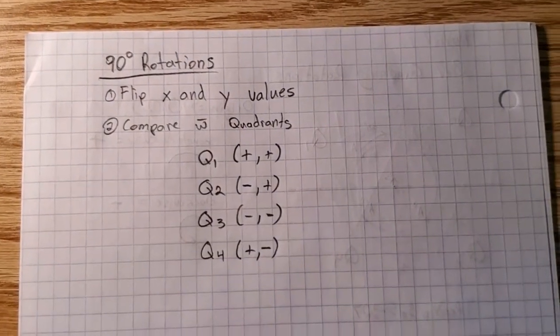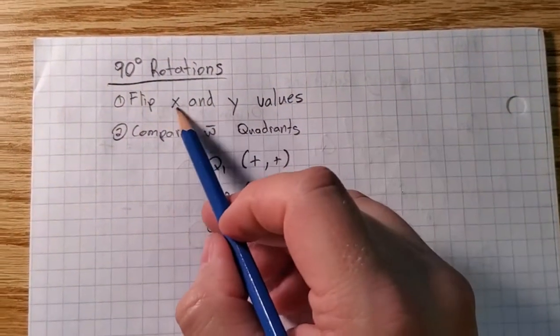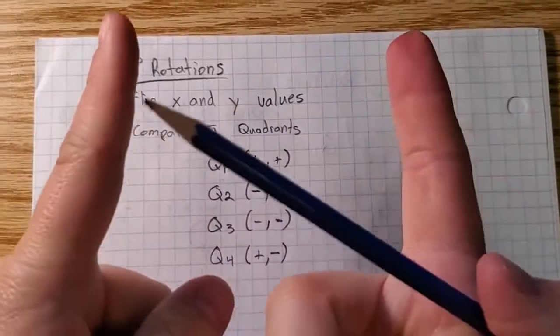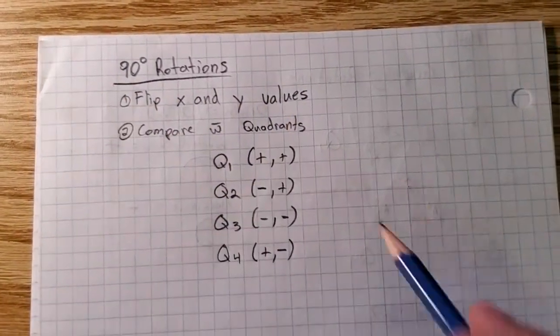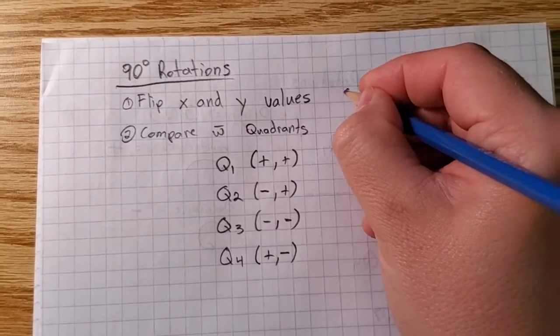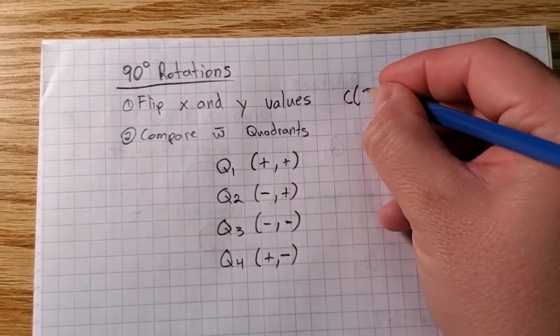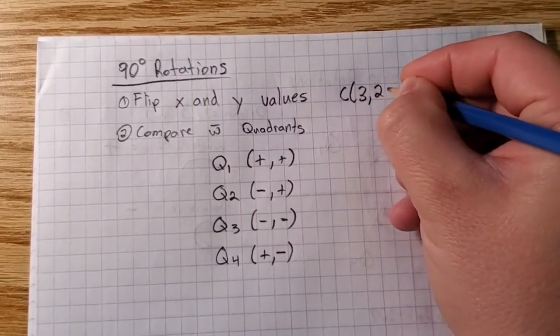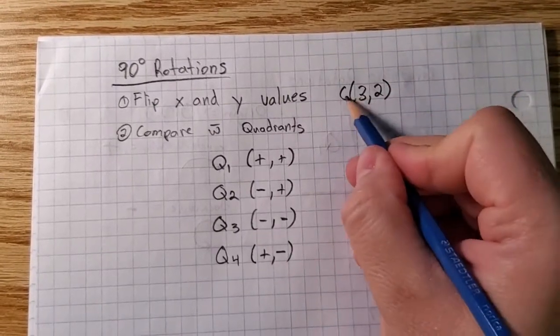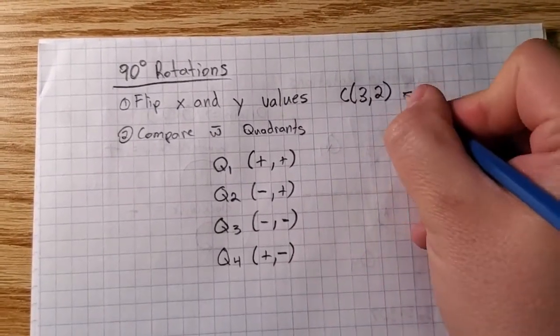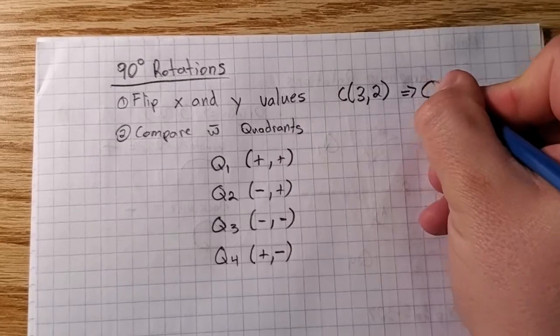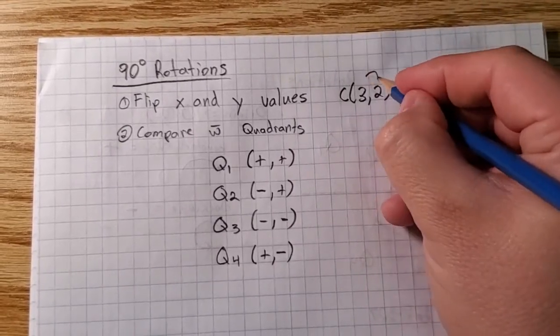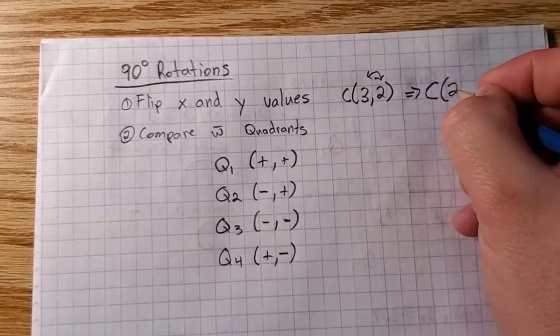So for 90-degree rotations, we take our X and our Y values and we just flip them, okay? So for example, let's do C as a point, 3 and 2. Okay, 3, 2. It's going to become C prime. We're just going to flip these two, okay? So it's going to be 2, 3.